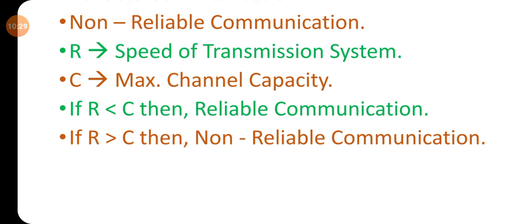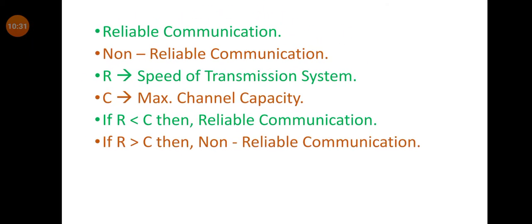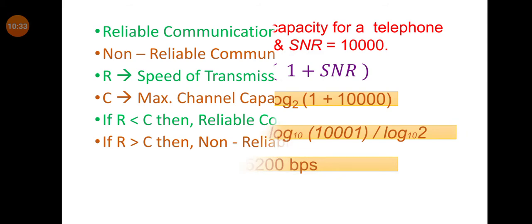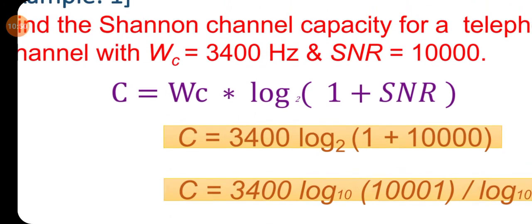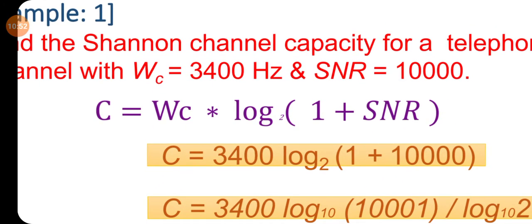Understood? Okay, now let us see the problems based on Shannon channel capacity. Consider the first example. In this example, what they have given is: find the Shannon channel capacity for a telephone channel with WC equal to 3400 Hz and SNR equal to 10,000.